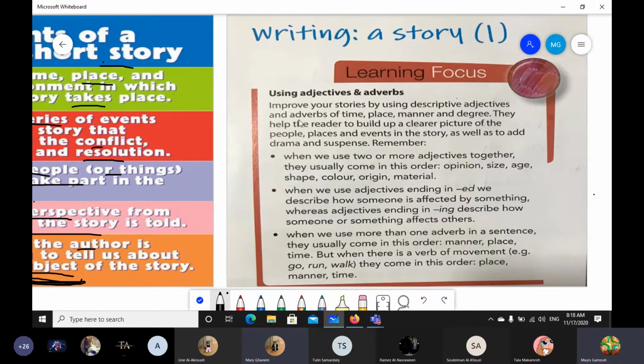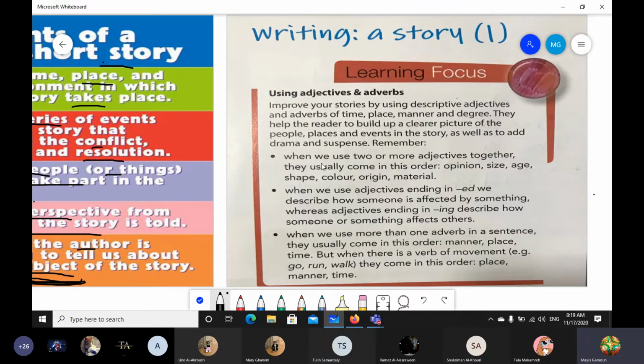Stop. Okay, and let me explain. Improve your stories by using descriptive. So here, in order for our story to be a good story, we have to use adjectives and adverbs, and they have to be descriptive.